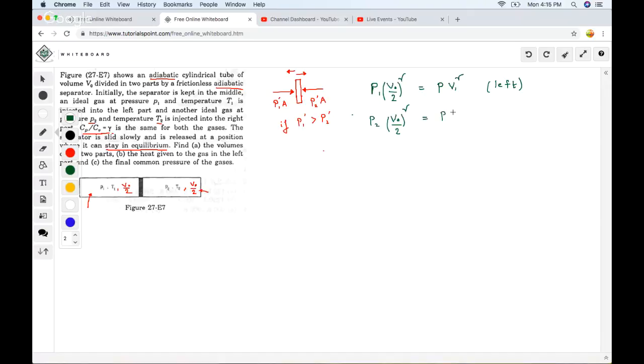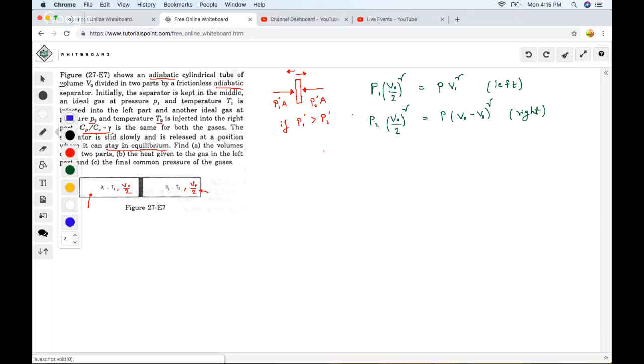Again, the pressure will be the same, but the volume will be V naught minus V1 raised to power gamma. The total volume is V naught, so if V1 is the volume of the left portion, V naught minus V1 will be the volume of the right portion. This equation is for the right portion of the cylinder.